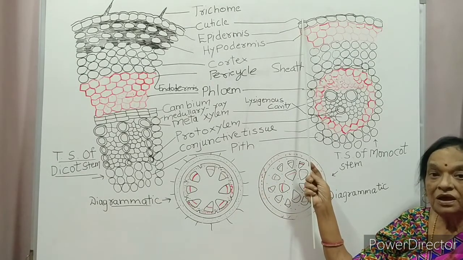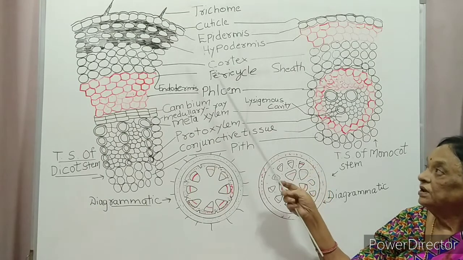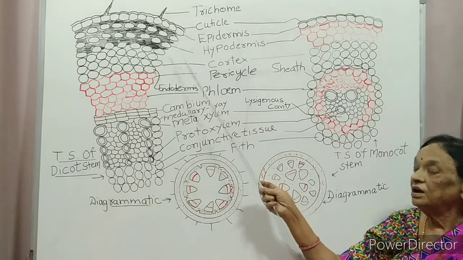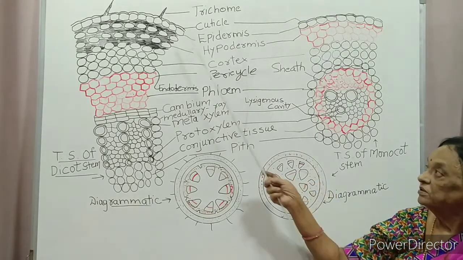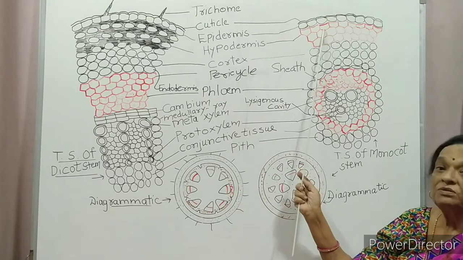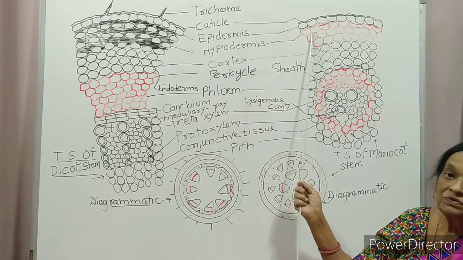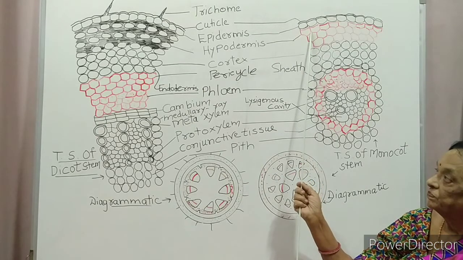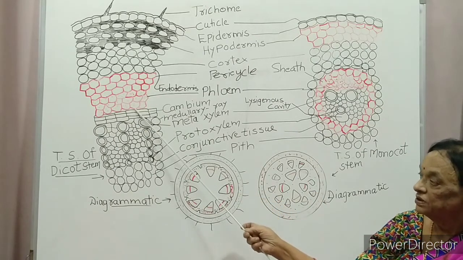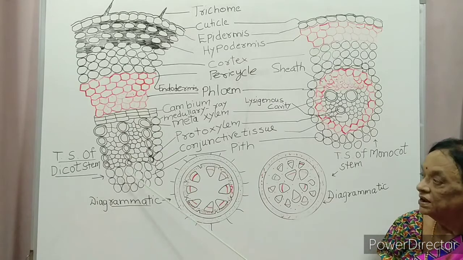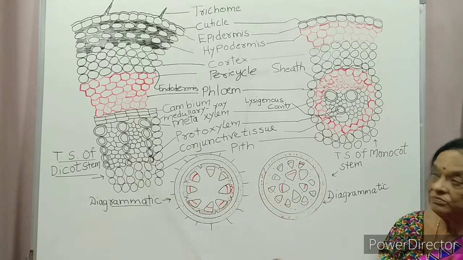The monocot stem has no trichome or no hair. In the dicot stem, the hypodermis is made of collenchyma. Here the hypodermis is made of sclerenchyma. Then pericycle, endodermis and other tissues are present here.